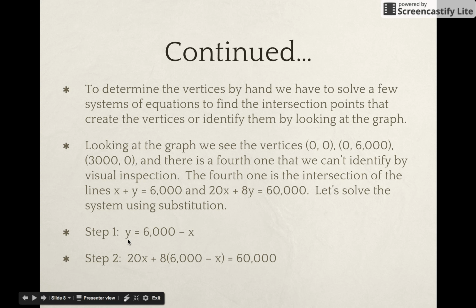First, we'll isolate y. In the first equation, y equals 6,000 minus x. Now we have two names for y. We'll substitute this alternate name for y into the second equation. So we have 20x plus 8y, but again, we're using y's other name, and that should be equal to 60,000.